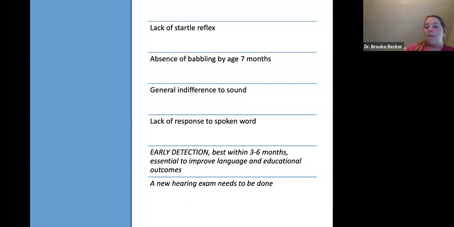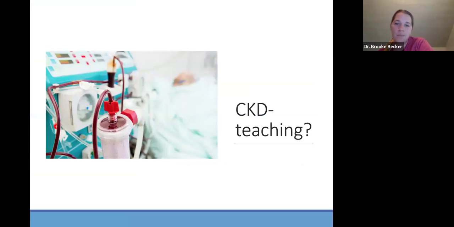And it's best to try to detect this within the first 3 to 6 months of age, so that way their language and speech development isn't as affected. Okay, so if any of these things start, or it seemed like to parents they were hearing well, and then all of a sudden now they're not hearing well, or they're not responding like they were previously, then you need to do a new hearing exam.